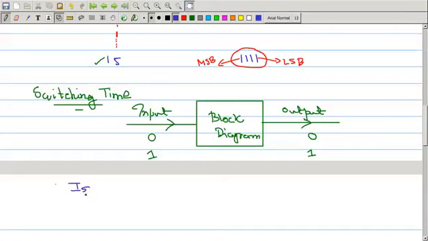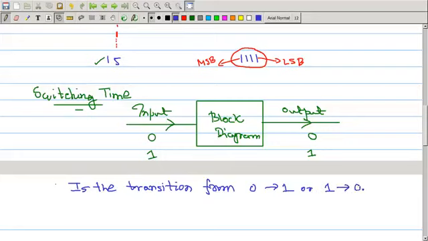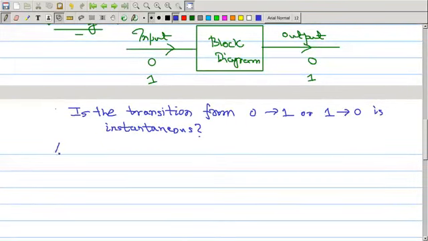Is the transition from 0 to 1 or 1 to 0 instantaneous? Now the answer to this question, is the transition instantaneous?